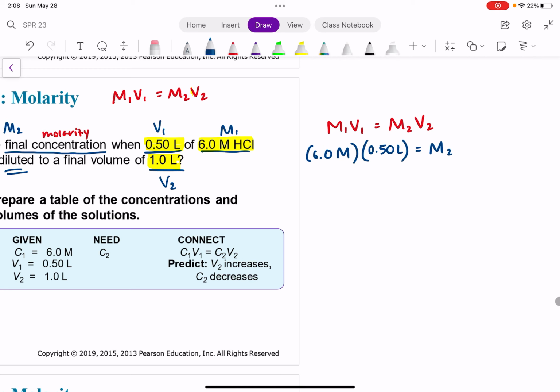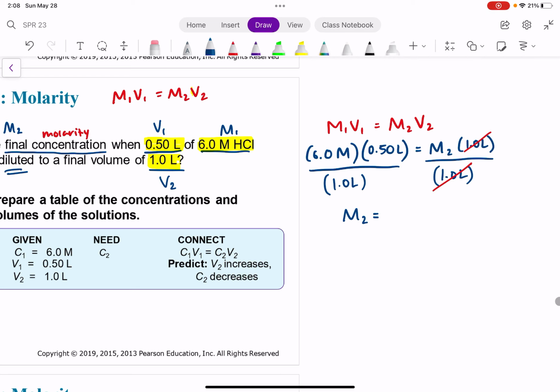So I'm just going to write M2, and our V2 is 1.0 liters. We're solving for that M2, so we want to get that alone. Let's go ahead and divide by 1.0 liters to cancel that out. And then we're left with M2 alone. I'm just going to move M2 to the left side just because that's kind of the convention.